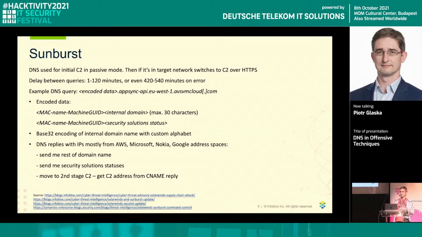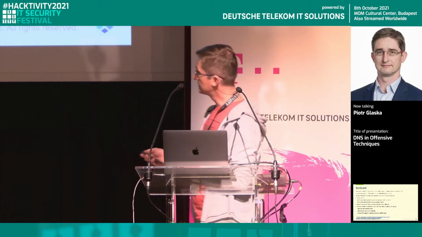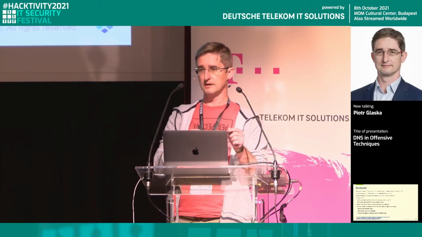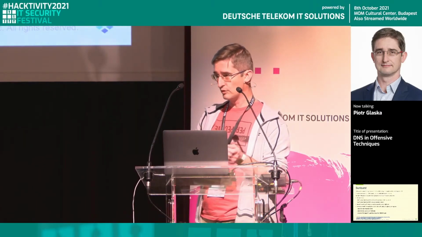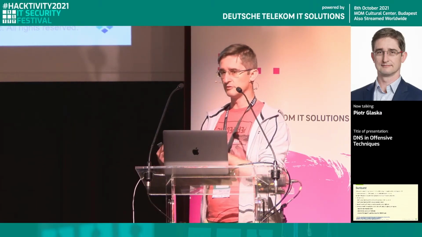So they need to know where they are, and they send this information inside the DNS query as the internal corporate domain name. If 14 characters would not be enough to say if you are interested or not, then the C2 server would send a DNS reply with an IP address, which would not be a real IP address, but would mean: please send me the next part of the domain name.